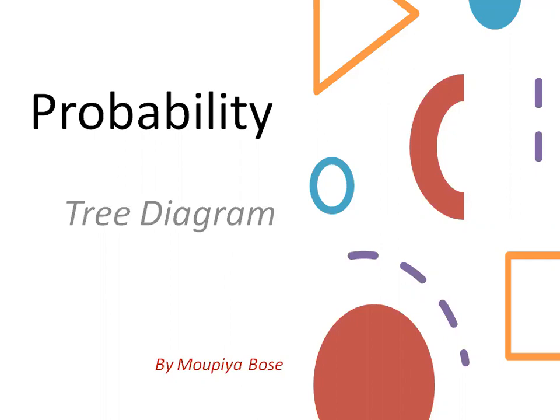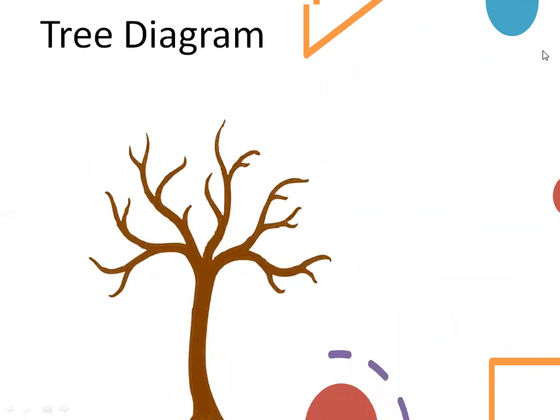So, what comes to our mind when we hear the term tree diagram? Obviously a tree. Look here. Here is a tree. You can see that from a trunk, branches emerge. From one branch, other branches emerge.